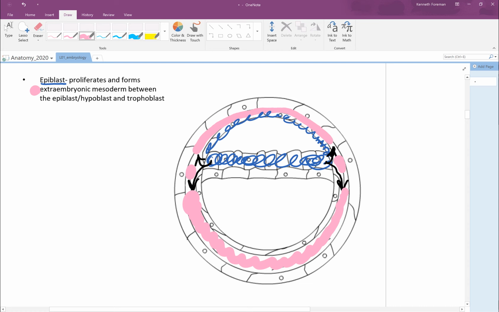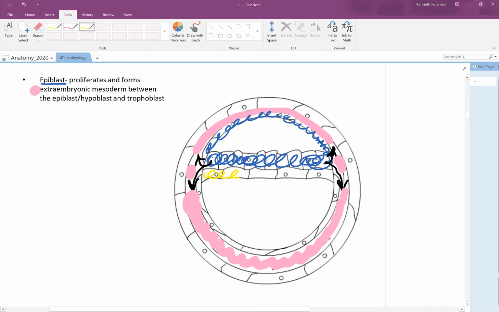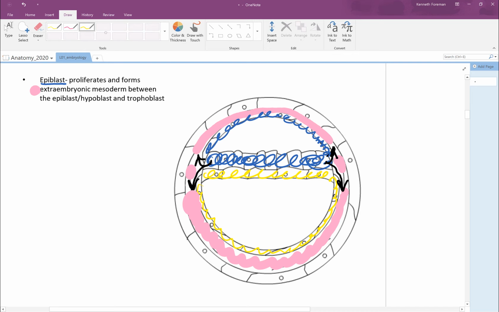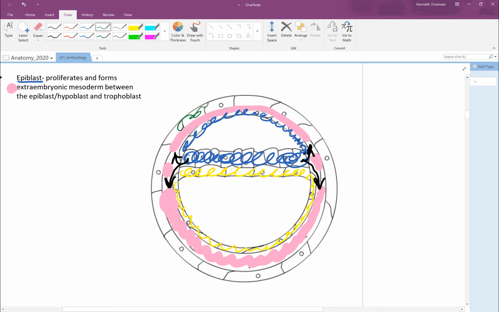Okay, and this is between the epiblast and those in that hypoblastic layer. So a quick recap. Oh, let me finish coloring this. That'll be our trophoblast.